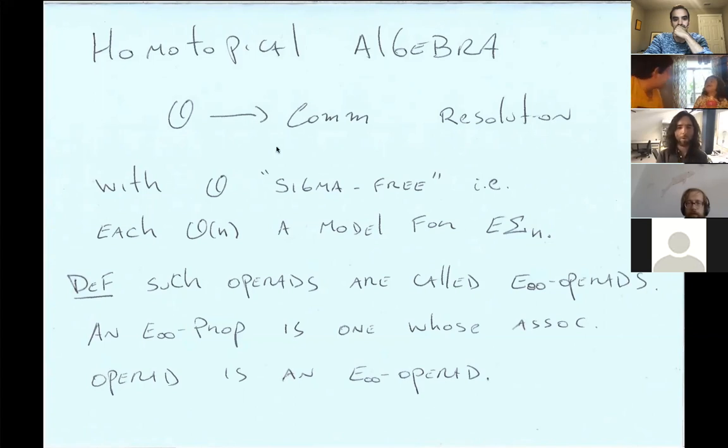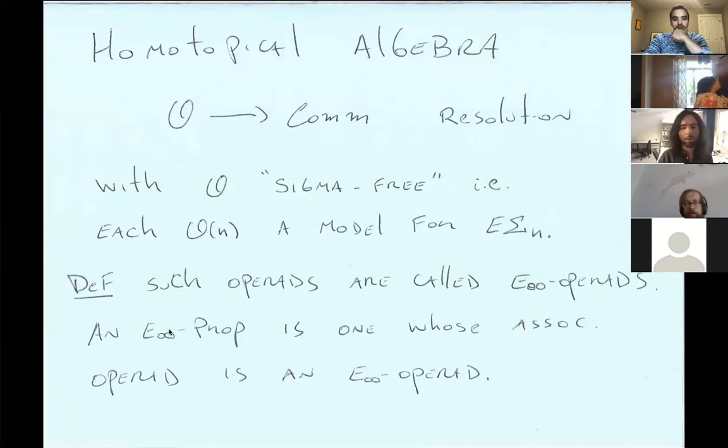So in other words, we're demanding that the arity n part is a model for the universal bundle of the group sigma n. So if we have a resolution of the Comm operad, well, we're going to have multiple of those, and they're all known as E infinity operads. This is terminology that goes back to Peter May.